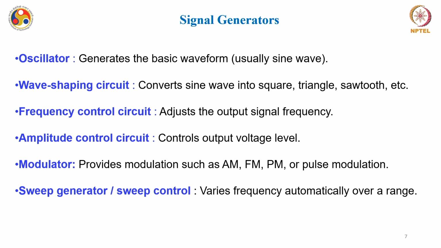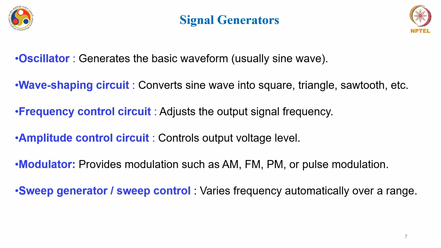The basic parts of a signal generator are, first, the oscillator, which is the basic building block that generates the basic waveform, like simple sine waves. Then you have different wave shaping circuits which can convert these sine waves into shapes like square wave, triangular wave, sawtooth wave and so on.